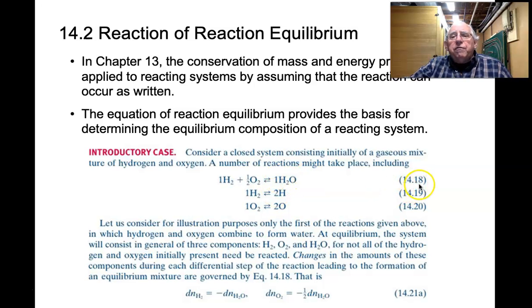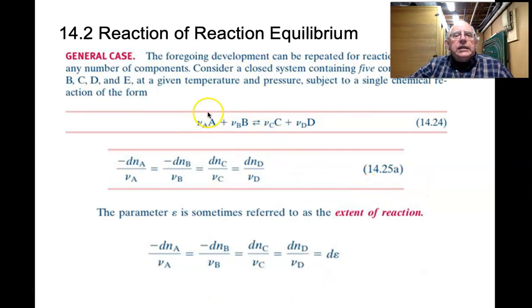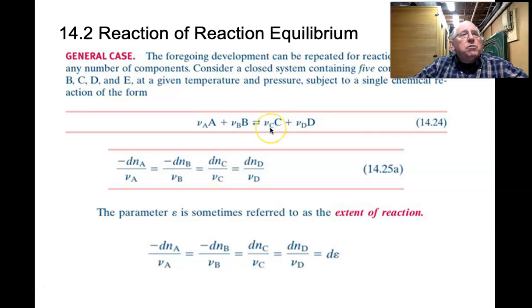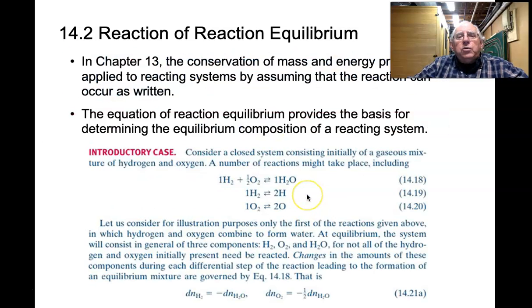And so for 1418, we see that the stoichiometric coefficient nu sub A is actually equal to 1, and the stoichiometric coefficient nu sub B is equal to a half, and the stoichiometric coefficient C is equal to 1.